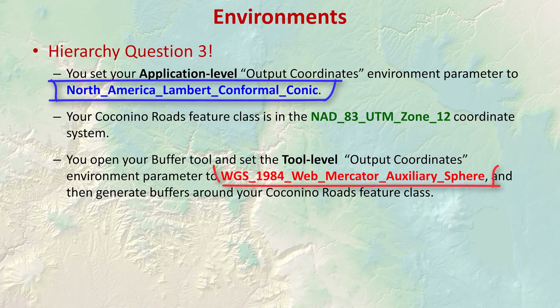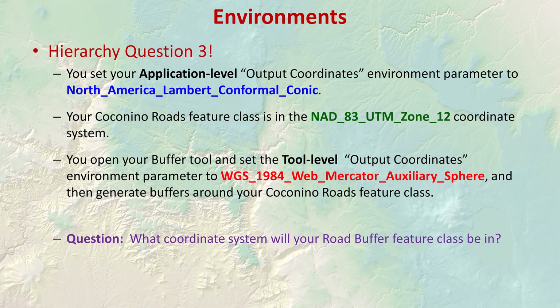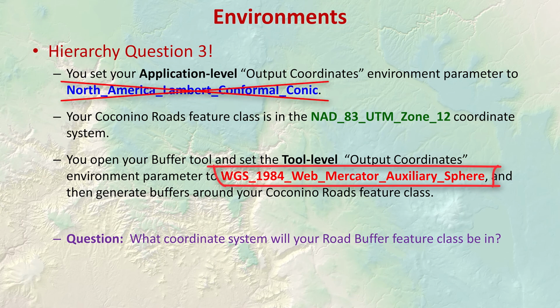The tool itself is trying to convert it to Web Mercator Auxiliary Sphere. So who's going to win? What coordinate system will the buffers be in? Well, remember that the tool setting overrides the application setting. So if you've got a conflict there, the tool is going to override the application. Therefore, in this case, the buffers will be in the Web Mercator Auxiliary Sphere.